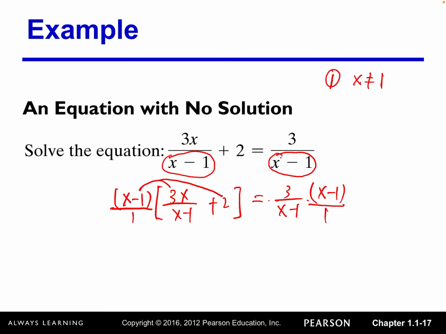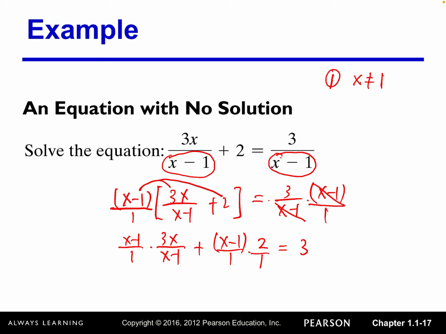You can write 2 over 1, but you don't have to, if you really understand 2 is a numerator. Right hand side, we can simply cancel diagonally. Numerator and denominator are identical factors, so we can cancel out. So on the right hand side, we only get 3 over 1, which is 3.